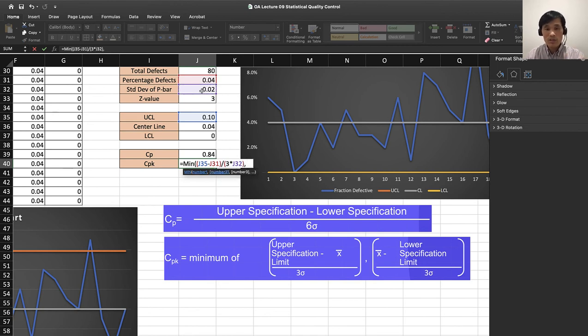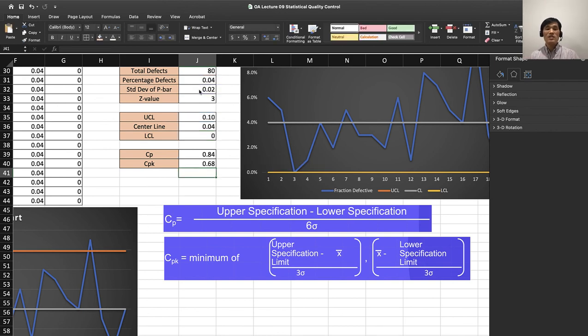So you have to compare this value to the other set of values, and that is x bar minus lower specification, which is 0, divided by 3 times sigma. Sigma is 0.02, right? So you compare them together, bring up the minimum of that, and that's 0.68.